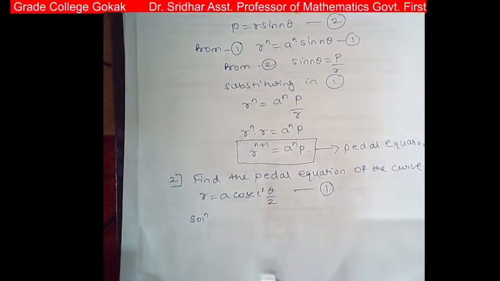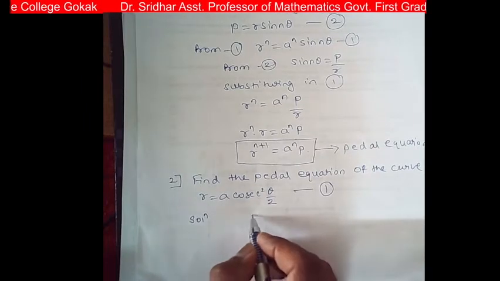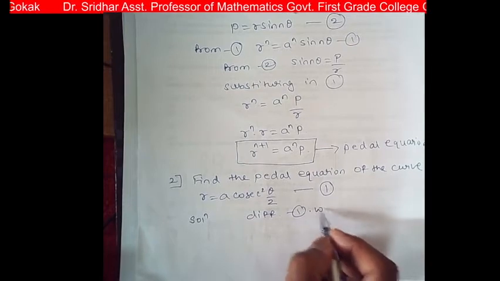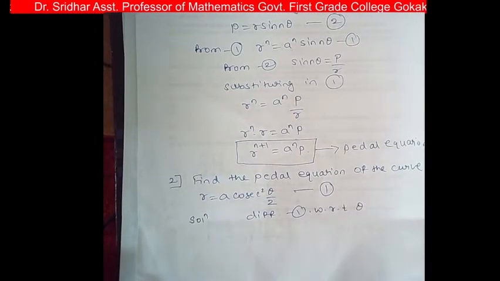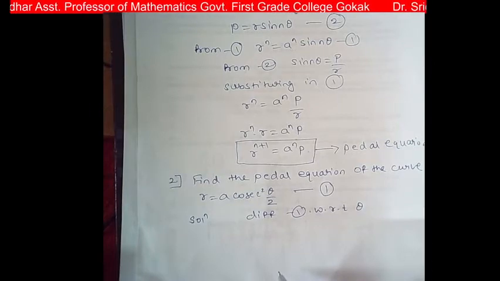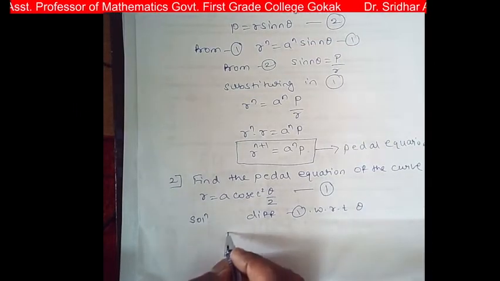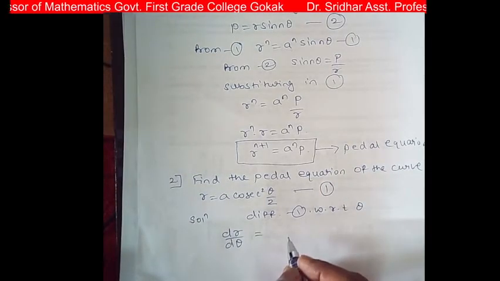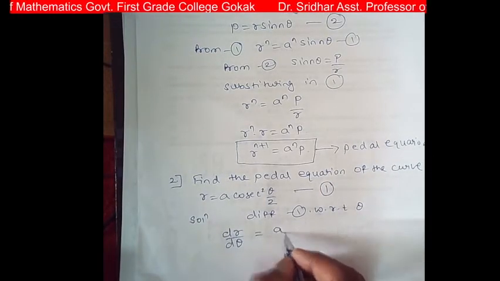First, differentiating 1 with respect to theta, what I get is dr by d theta is equal to, this a is constant.